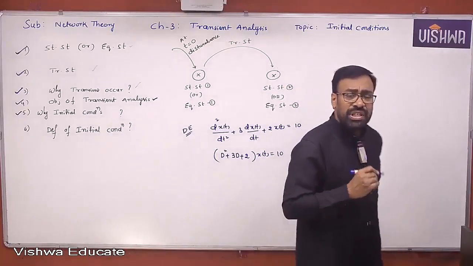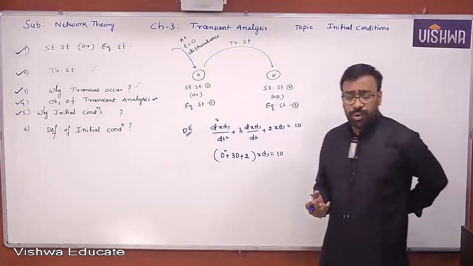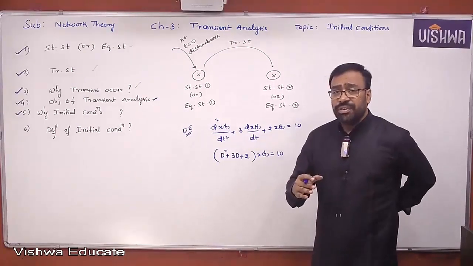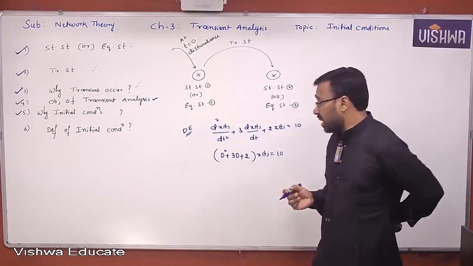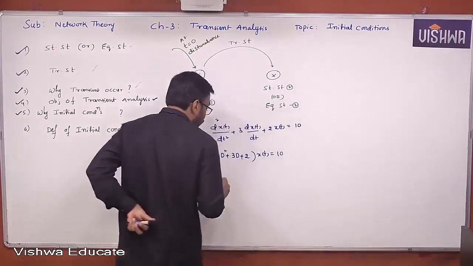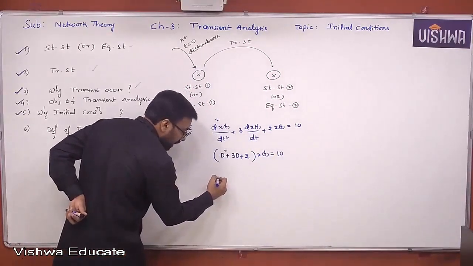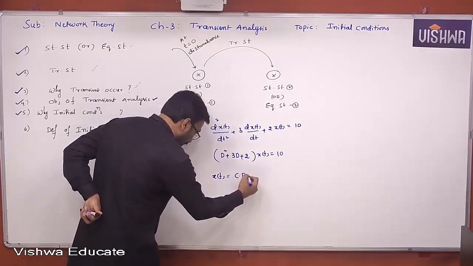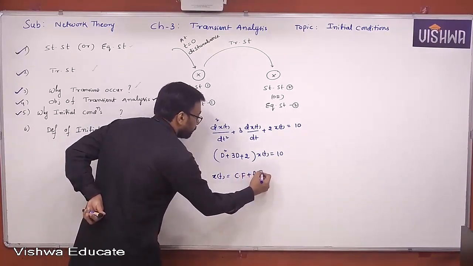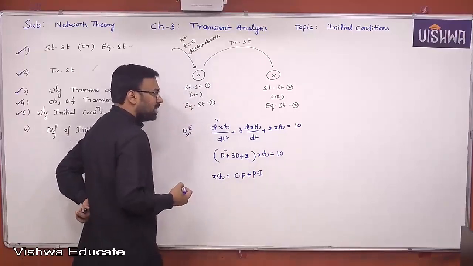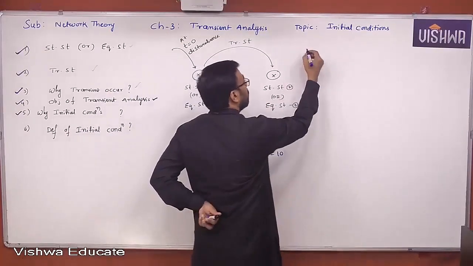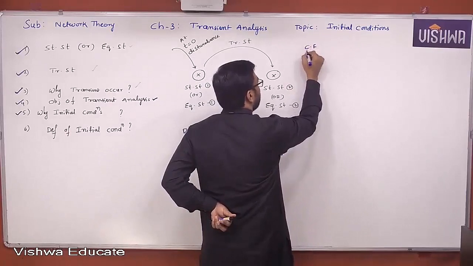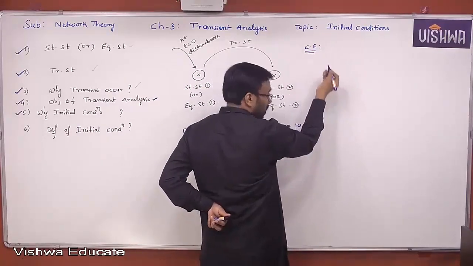How do you solve a differential equation? You have a very important technique: complementary function and particular integral. The complete solution x of t is nothing but complementary function plus particular integral. Now let us look at the complementary function. It is the homogeneous response.